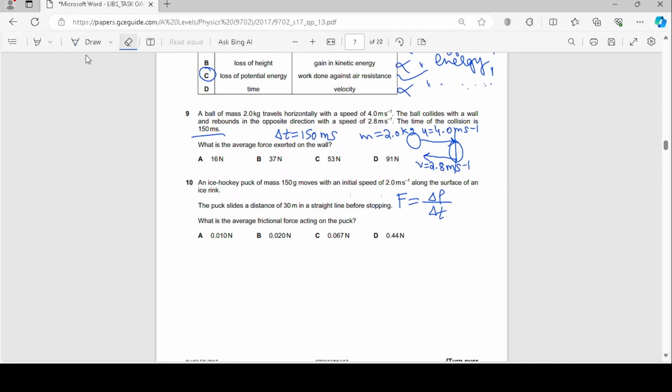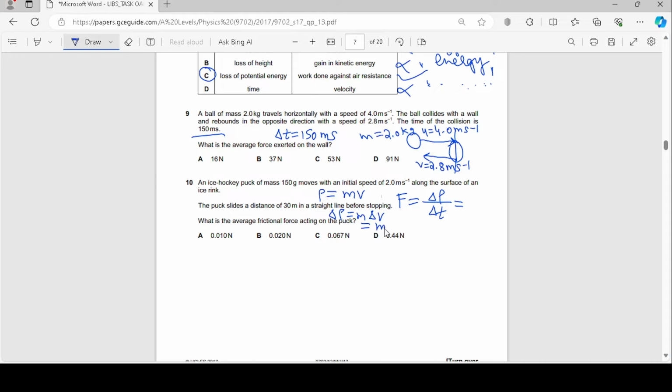So we know that momentum is defined as mass times the velocity. Because we have the rate of change of momentum, we're going to take delta p. So delta p is going to be the mass times the change in velocity.